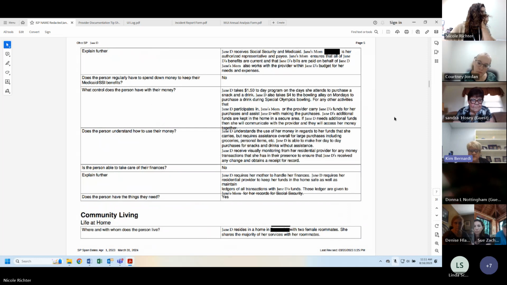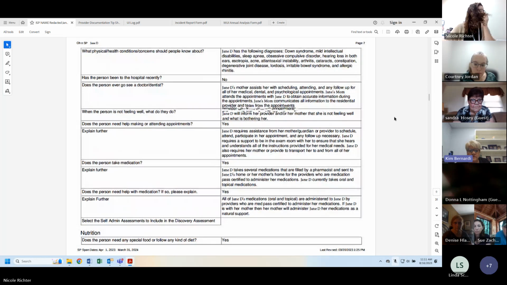Page 7, because some people ask about doctors and diagnoses and whatnot. Go ahead, Nicole, 7. It should be here around page 7, healthy living, medical and dental care.